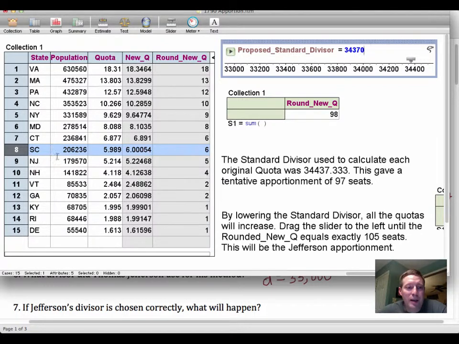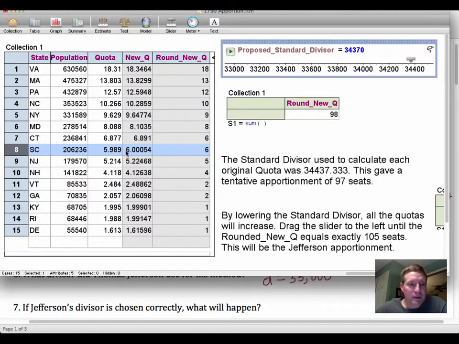It comes from taking their population and dividing by the standard divisor. So if the population divided by the standard divisor gives them 6, that's how you're going to be able to find it in reverse. In other words, take South Carolina's population, divide by the seat that they're going to earn, which is the sixth one, and that would help you figure out exactly what this number has to be.